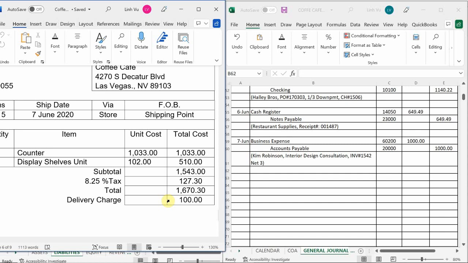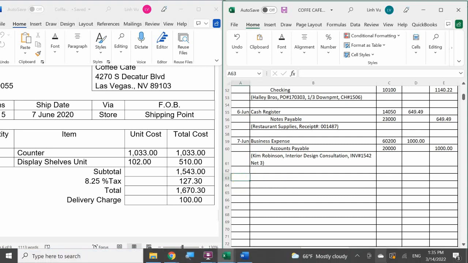Okay? So once again, how am I going to journalize that I received my counter and display shelves? How do I journalize that I acquired a counter and display shelves?